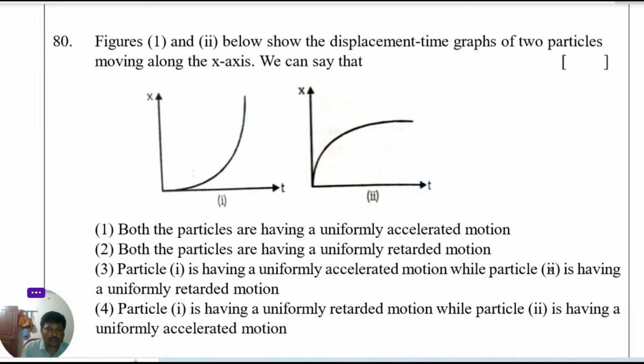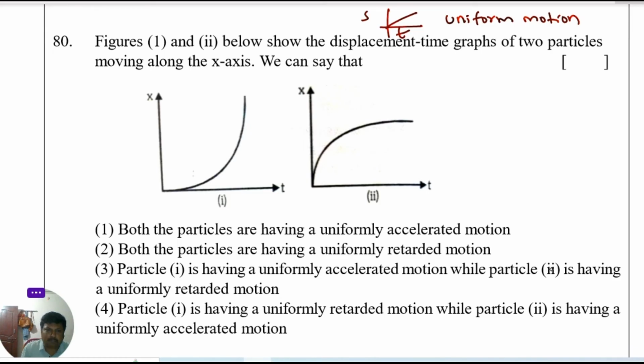80th question. Look at the screen. Figures 1 and 2 below show the displacement time graphs of two particles moving along the x-axis. You know very well, in a displacement time graph, if the graph is straight, the body is moving with uniform motion. Uniform motion means constant velocity.